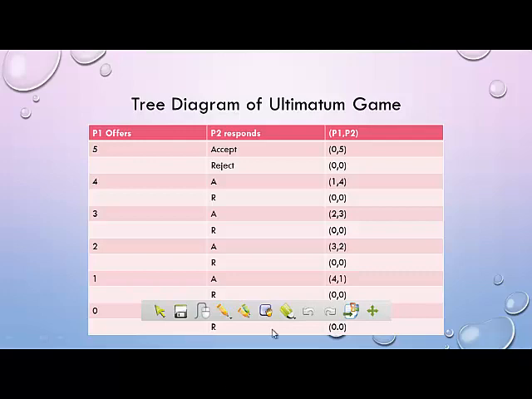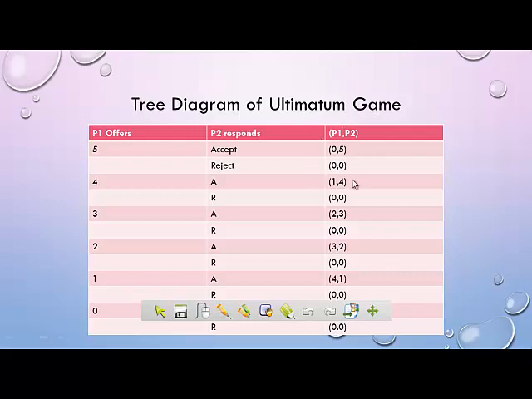So now the first thing I want to do is to show that there is a unique optimal strategy according to the utility maximization theory. So basically, in each case, according to the maximization theory, P2 will choose that option which gives him the higher payoff.